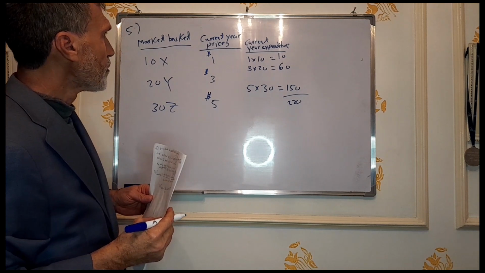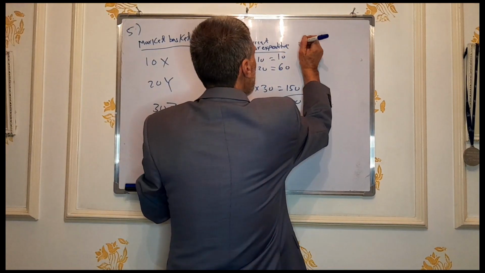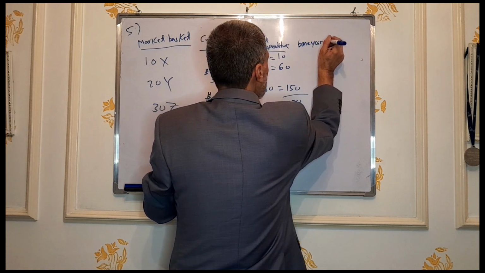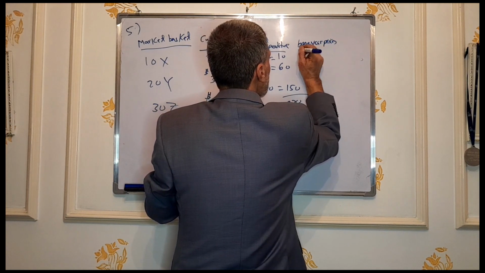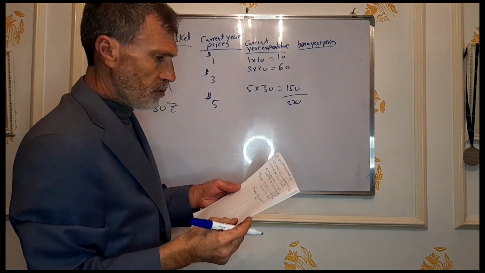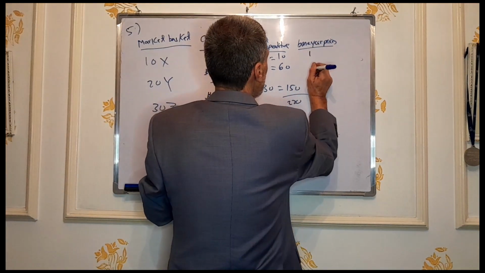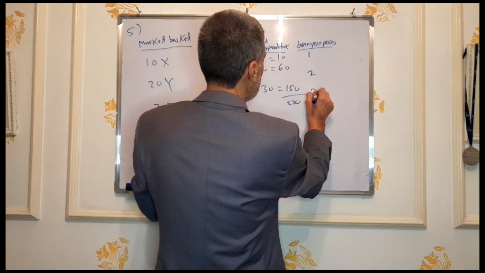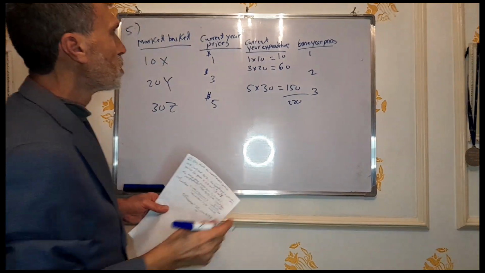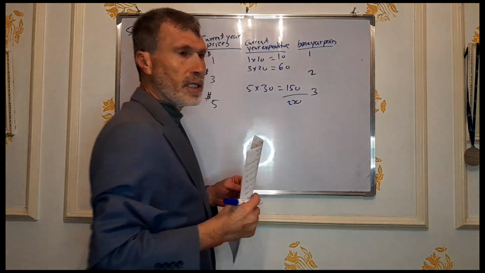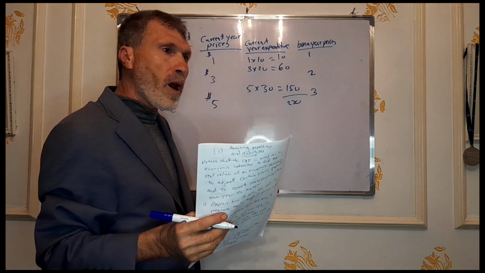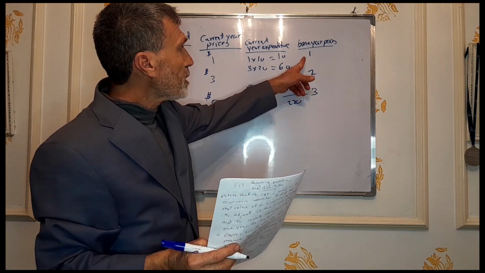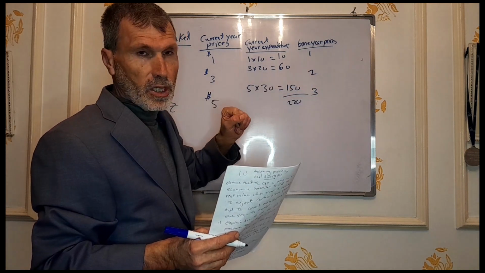Okay? Now, base year prices are given here to be 1, 2, and 3. So now we need to calculate the combined cost of the market basket using the base year prices.